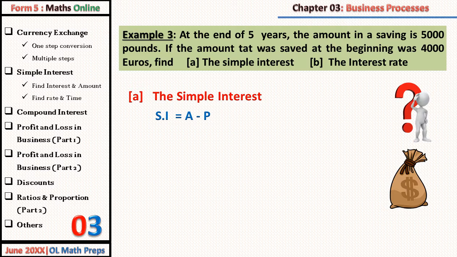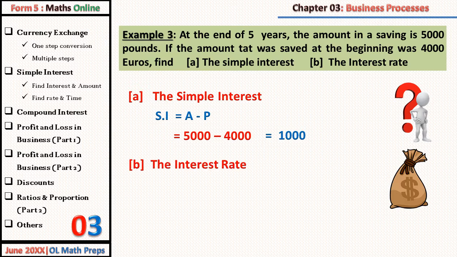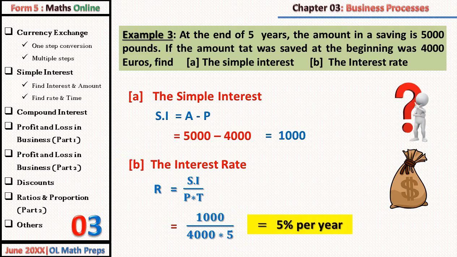So simple interest equals amount minus principal, and this gives us 1,000 pounds. B, to find the interest rate, rate is equal to simple interest over principal times time, and that gives us 1000 over 4000 times 5, which is equal to 5% per year, since you have been told that the period was in years.